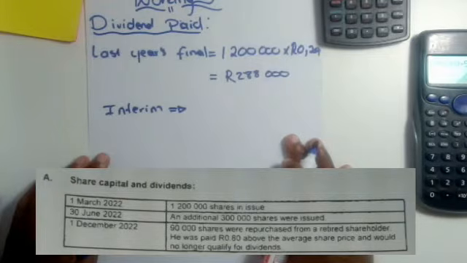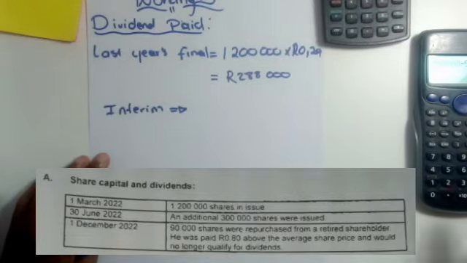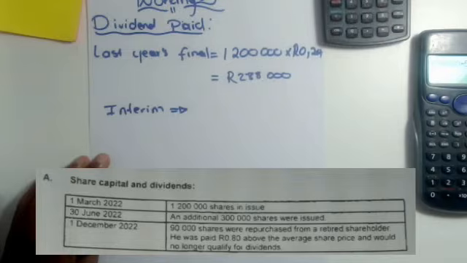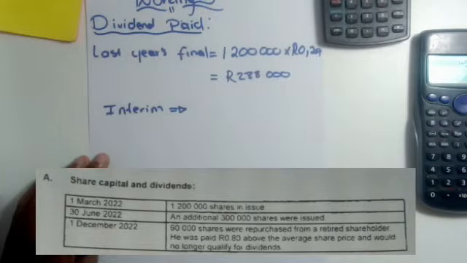Again, that's where the note that we prepared in 2.1 comes into play, because it's very specific and it shows us our clear dates, even on information A. According to information A, when we issued our additional shares, it was 30 June 2022. Why am I concerned with that date? I want to know that when we were paying interim dividends, were the additional shares already issued out? Do I need to worry about those shareholders or not?